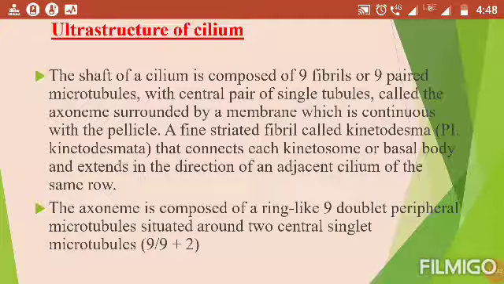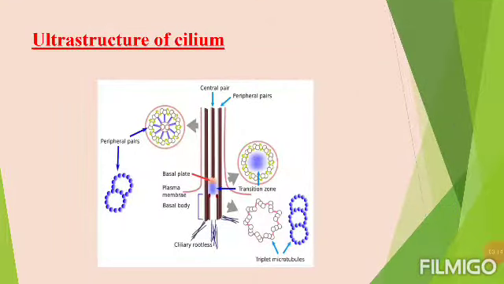In the matrix, there remain embedded 11 longitudinal fibrils or microtubules. Out of the 11 fibrils, 2 are located in the center, while the remaining 9 fibrils remain arranged peripherally around the central fibrils.